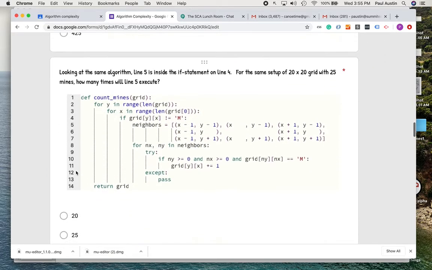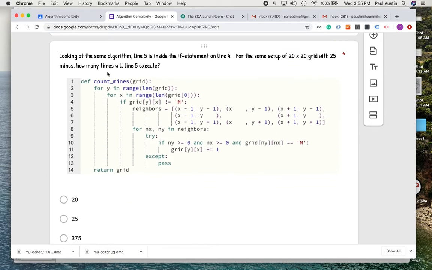All right, next question. Looking at the same algorithm, I did copy and paste it for both of you, but it is the same. And so because of that, you can presume I didn't trick you on anything. Line 5 is inside the if statement. So this was the if. This is line 5 right here. This is inside the if.